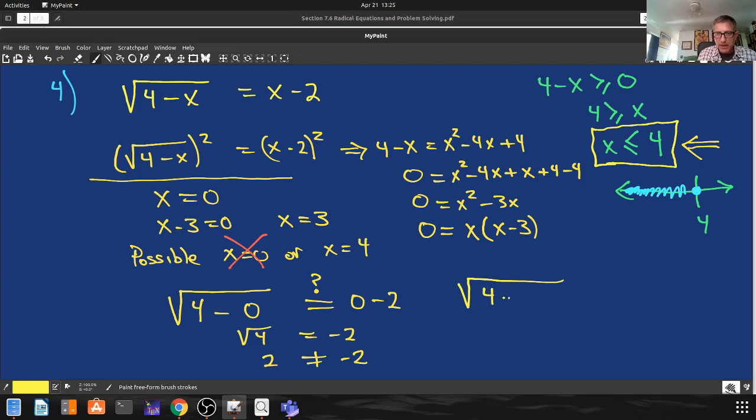So now we're going to check x is equal to 4. So I'm plugging in x is equal to 4 to my original equation. Why am I doing x is equal to 3? I'm supposed to be checking x is equal to 3, not x is equal to 4, people. Makes a big difference.